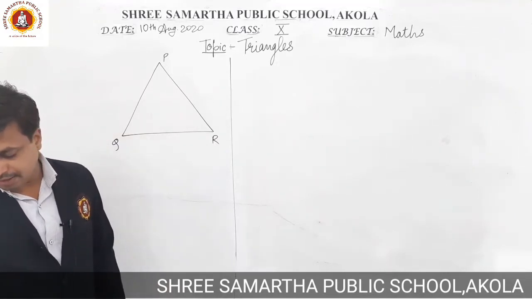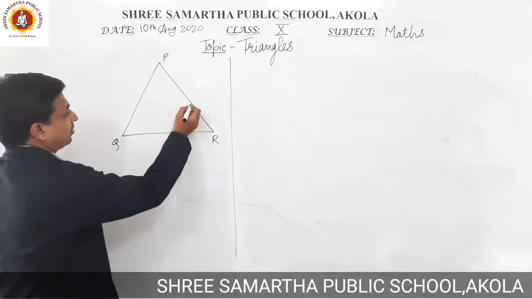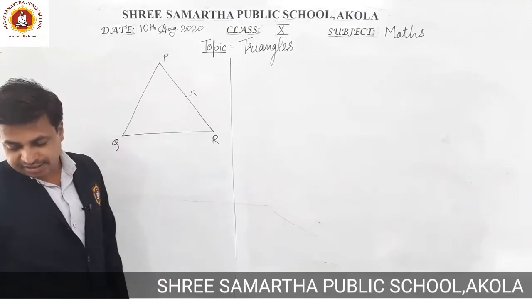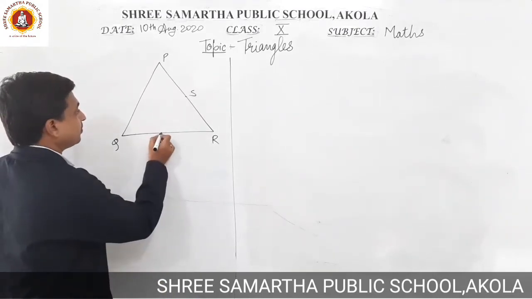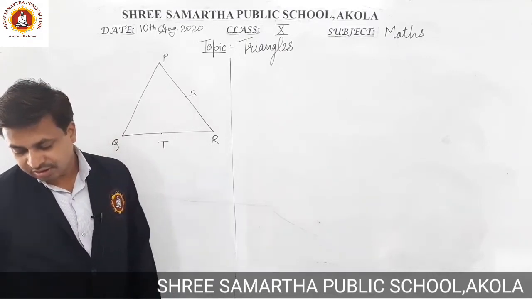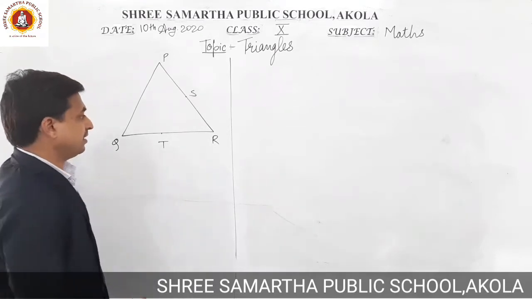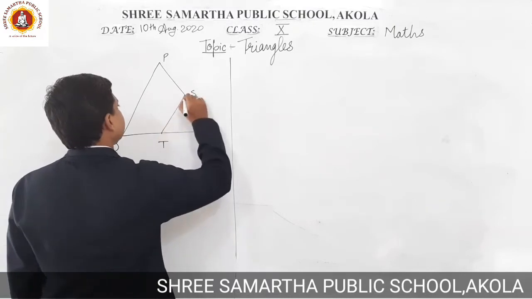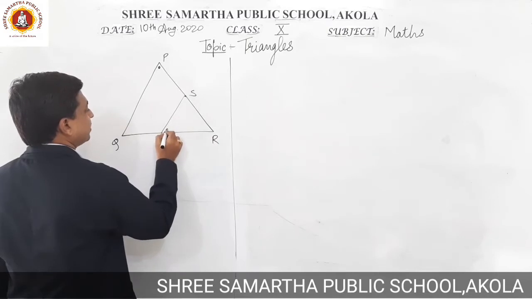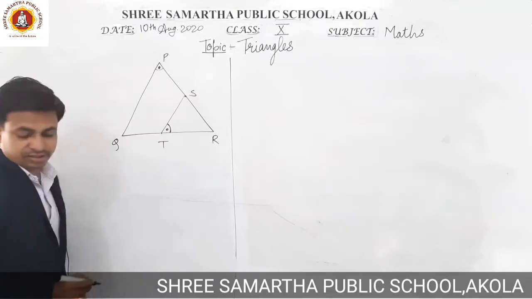In this triangle PQR, S is the point on side PR, and T is the point on QR, such that angle P is equal to angle RTS. These two angles are equal.